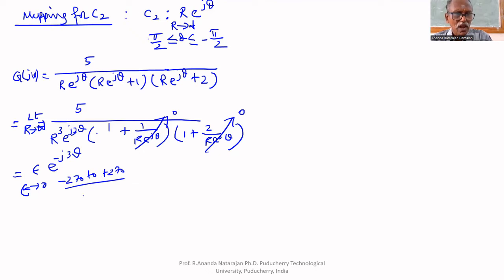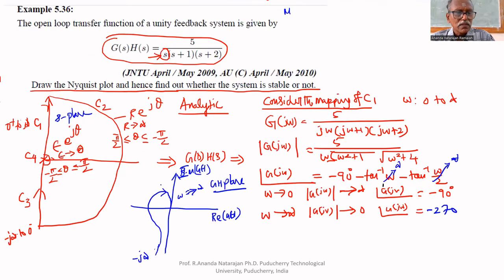So the mapping is like this. Anyhow, it is a point at the origin, but its angle alone varies from minus 270 to plus 270.